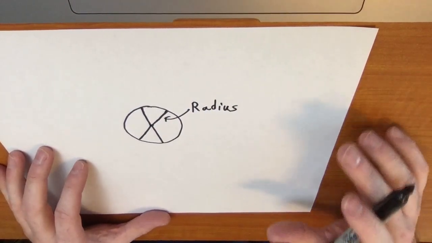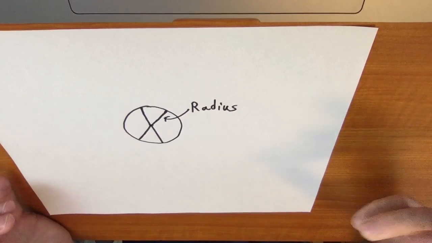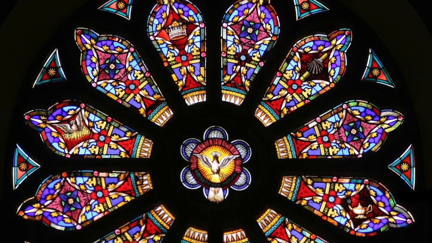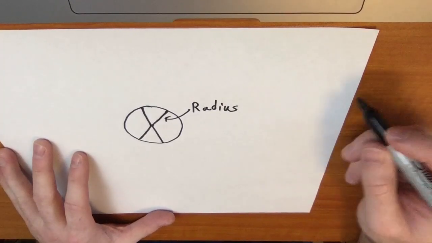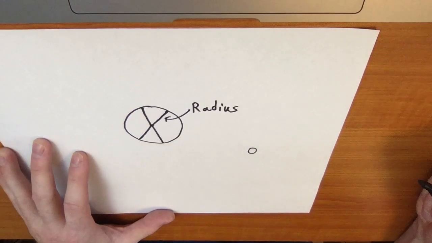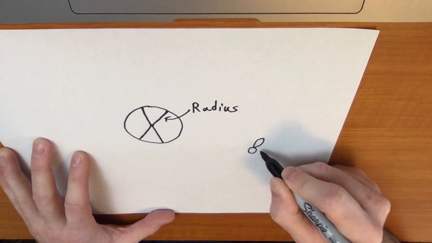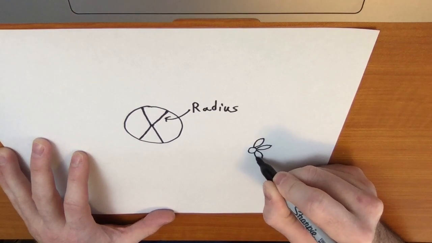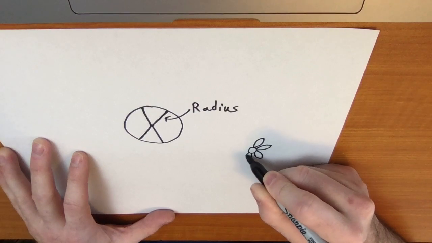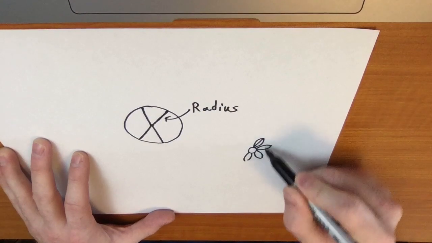For example, a lot of places like cathedrals have stained glass windows, and a lot of times those designs are radial. What that means is, for example, let's say I have a flower. Start with the center, and as you draw each petal, these all count as a radial design because we're drawing, like the radius here, that line through each one.